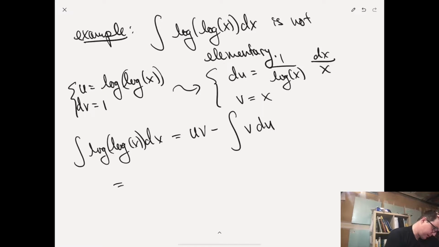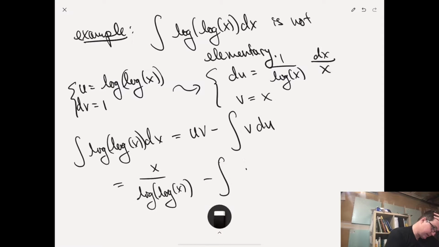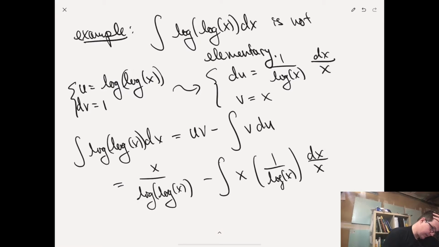Okay, whatever. So this is x times log of log x minus the integral of, now we do du and v, so x times 1 over log of x, dx over x. And then these two things cancel. And so this brings us back to the integral of dx over log x, the logarithmic integral.